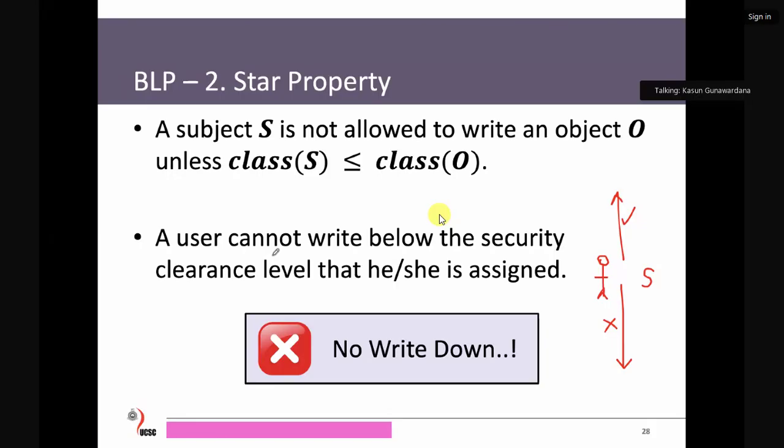If we allow this, it will create an opportunity for a user to expose the data to lower level users. But if we do not allow a user to write anything below the user's clearance level, that will ensure that nobody can share the data with users in lower levels. So that is star property.